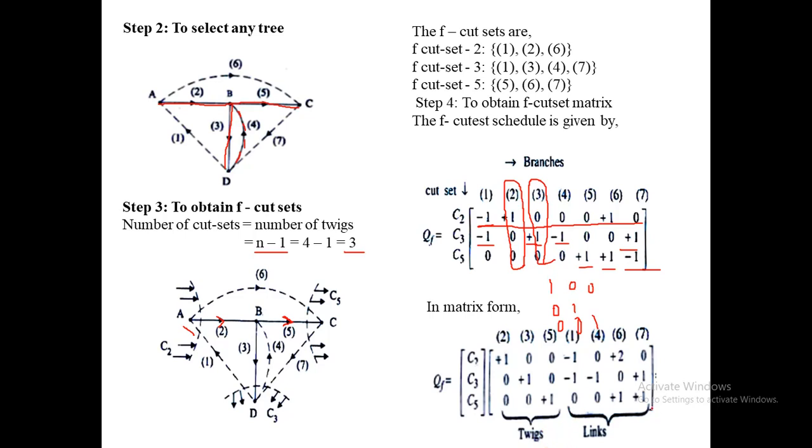Then the remaining values are links. In the answer itself we can check whether our answer is correct or wrong. Twigs means 3 branches: 2, 3, 5. Here we have selected the branches of the tree as 2, 3, 5. So our answer is correct. From the answer itself we can check.